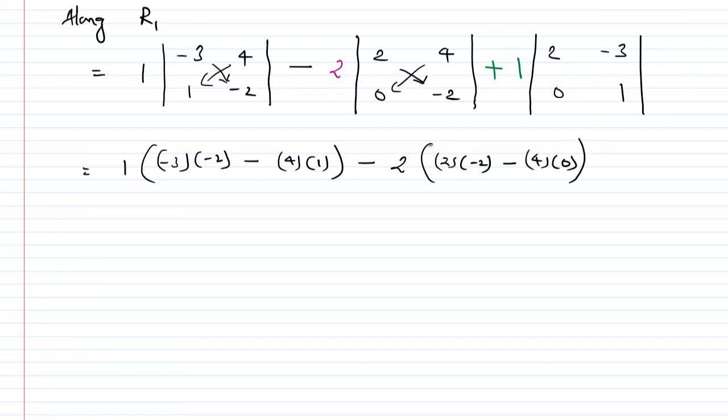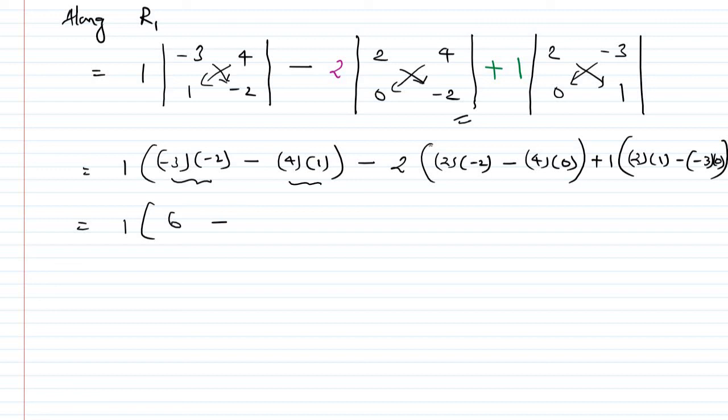Then plus 1 into 2 into 1, minus minus 3 into 0. Is it clear? So this is 1 into plus 6 minus 4, minus 2 times minus 4 minus 0, plus 1 into 2 minus of minus whatever, it is 0 only.